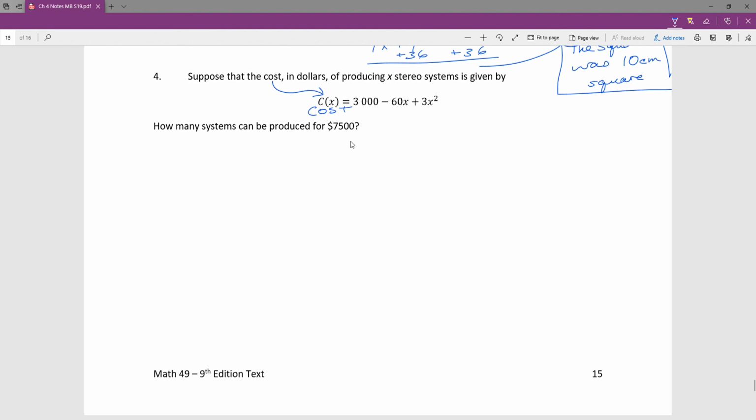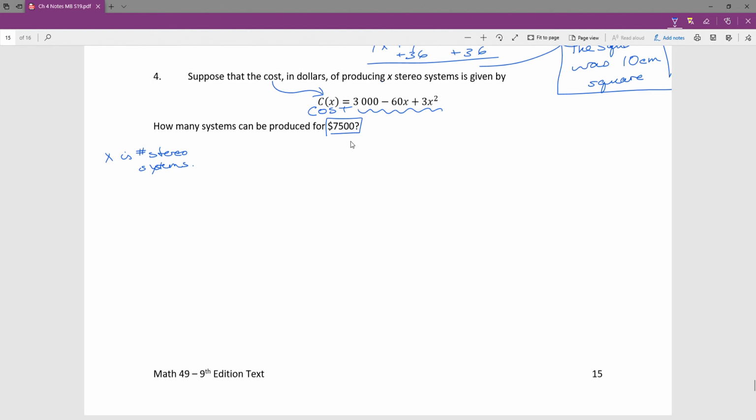You don't have to give an X statement. So X is the number of stereo systems. And again, that one's given to us in the question. So this one specifically says, how many stereo systems could be produced for $7,500? So if this is your factory and this is how your factory operates and you have $7,500, we need to figure out how many stereos you could make.